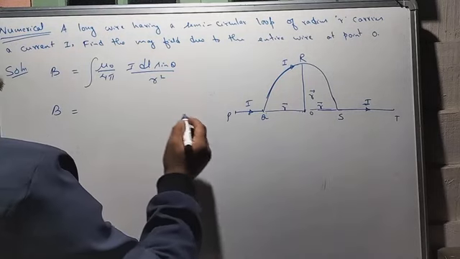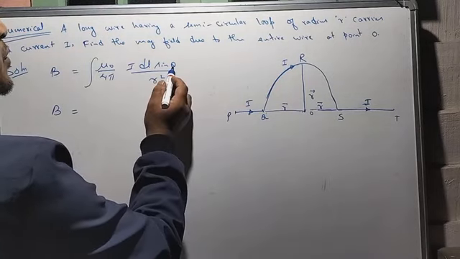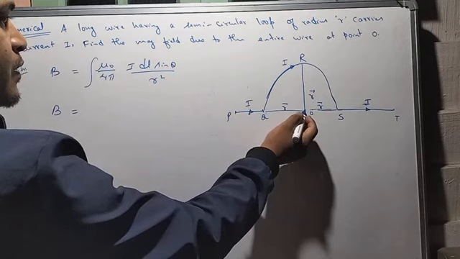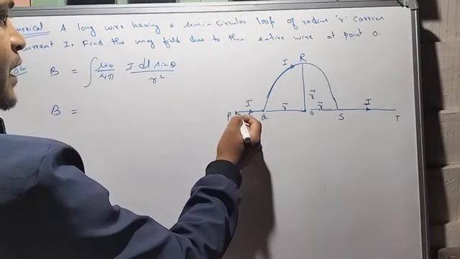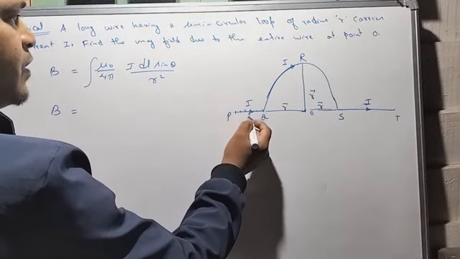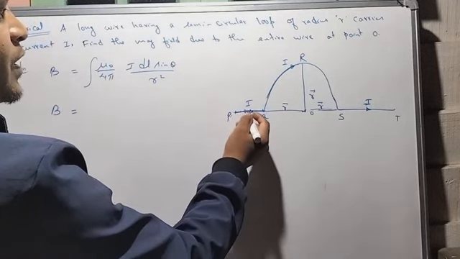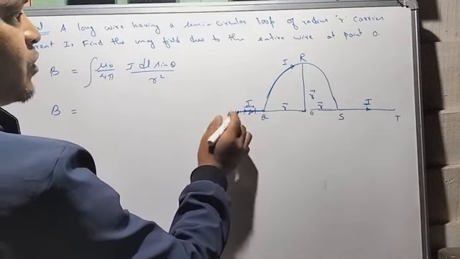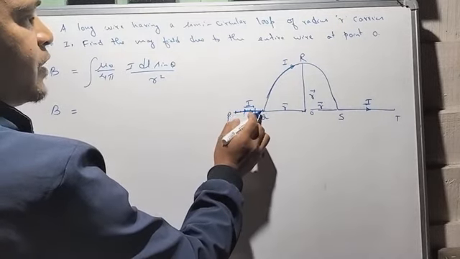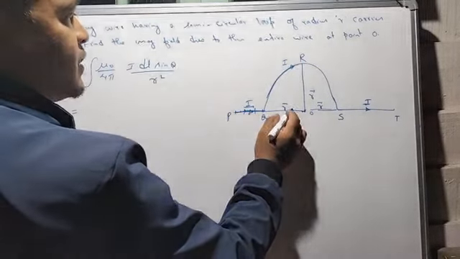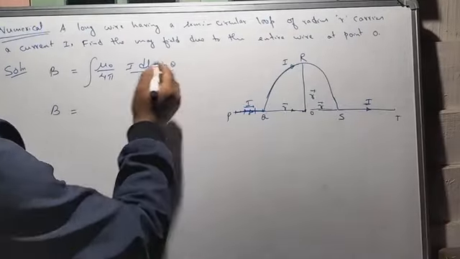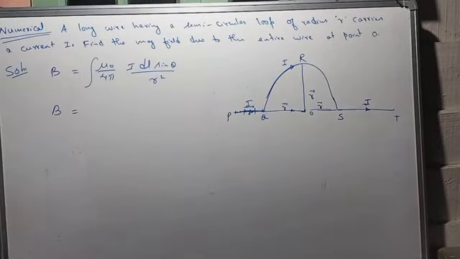What is theta? Theta is actually the angle between the radius r and the current element. If you consider any current element along this arm PQ, that current element is always directed in this way, which is along the same direction as r. So the angle theta in this case will be 0.